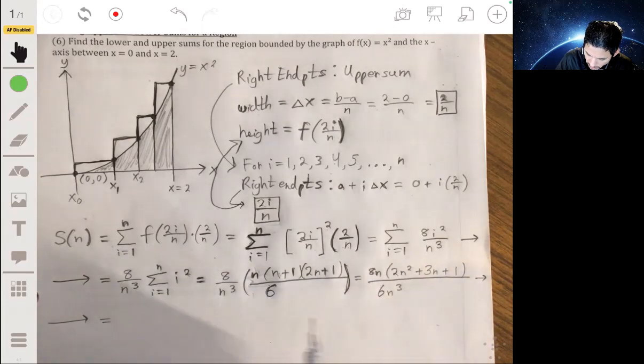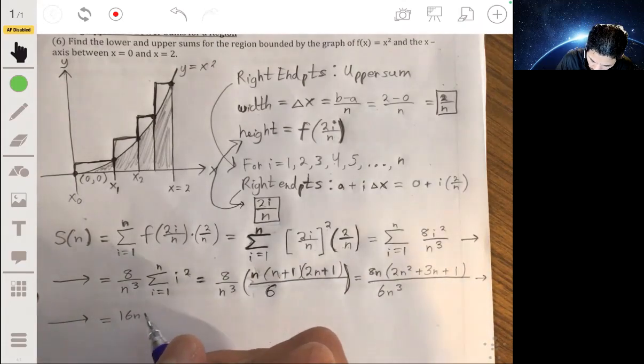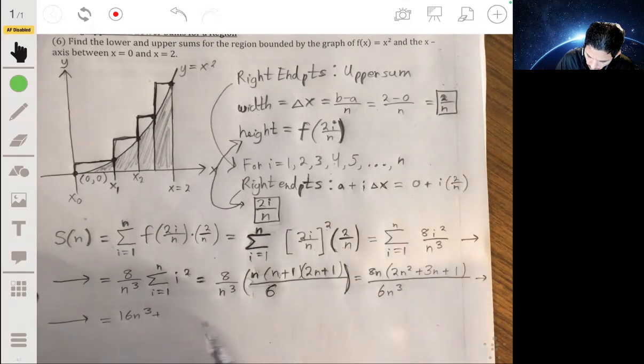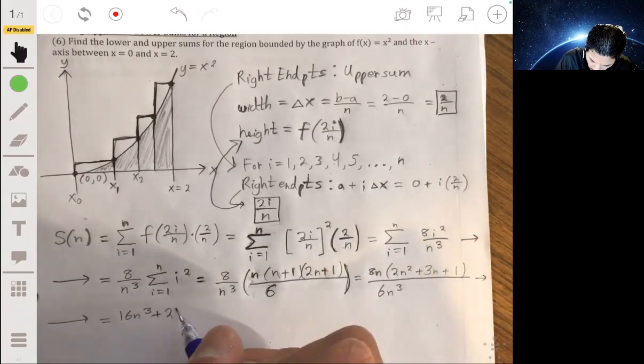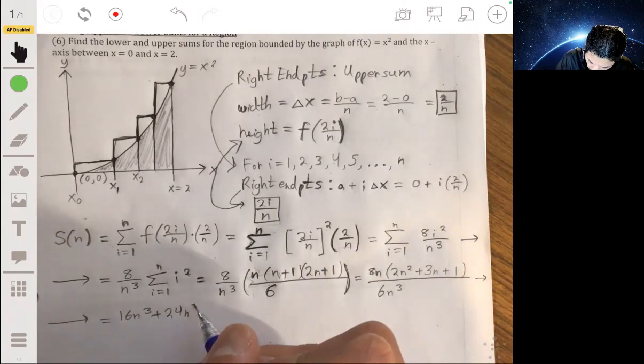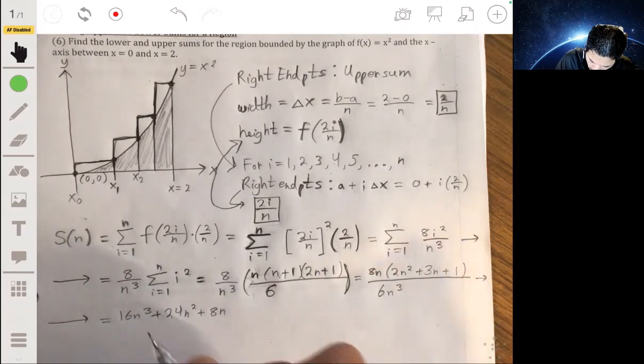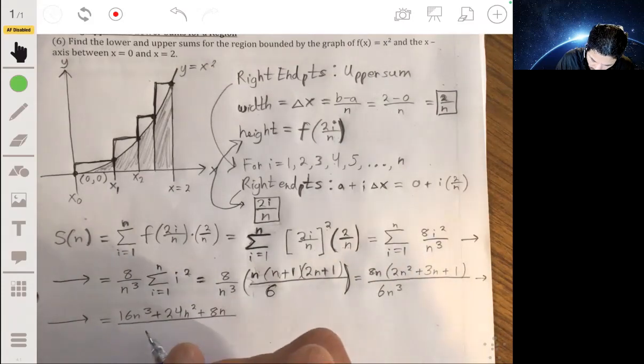Multiplying each of these by 8n, it's 16n cubed plus 24n squared plus 8n over 6n cubed.